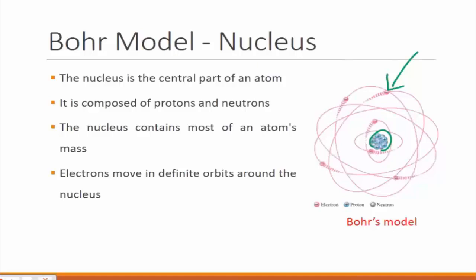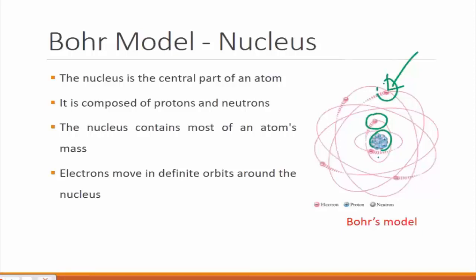That's also an important observation. The behavior of the electrons closer to the nucleus will be slightly different from the behavior of the electrons as they move away from the nucleus.